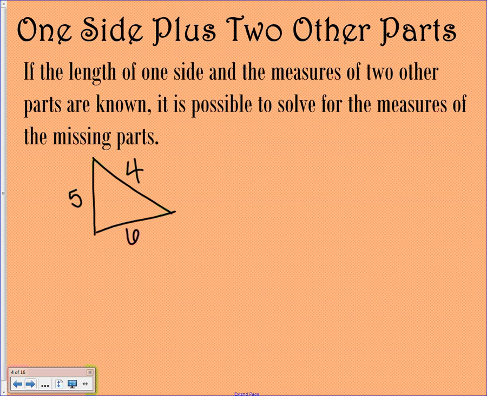Or if you knew one of the sides and one of the angles, then you could solve for the other missing parts. Or if you knew 2 of the angles and one of the sides, you would still be able to solve for the missing parts. So as long as you have one side length and then 2 other parts, you're going to be able to solve for everything else in your triangle.